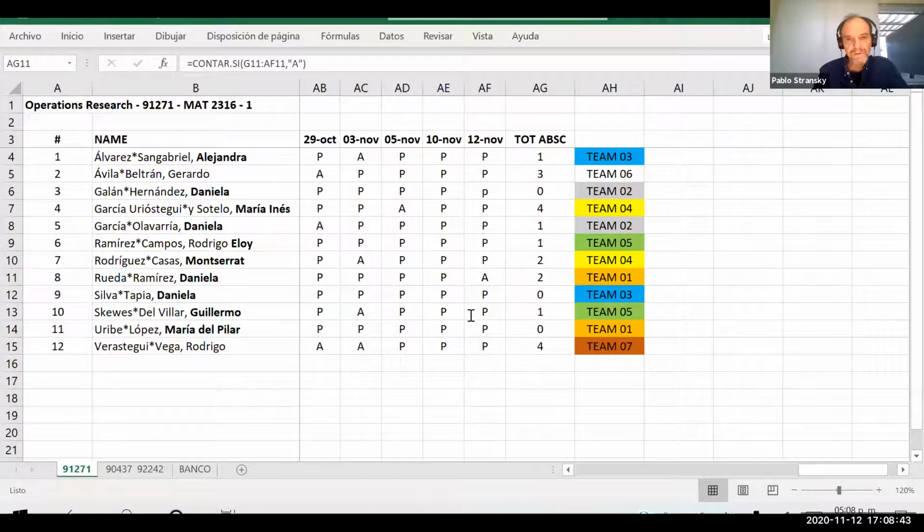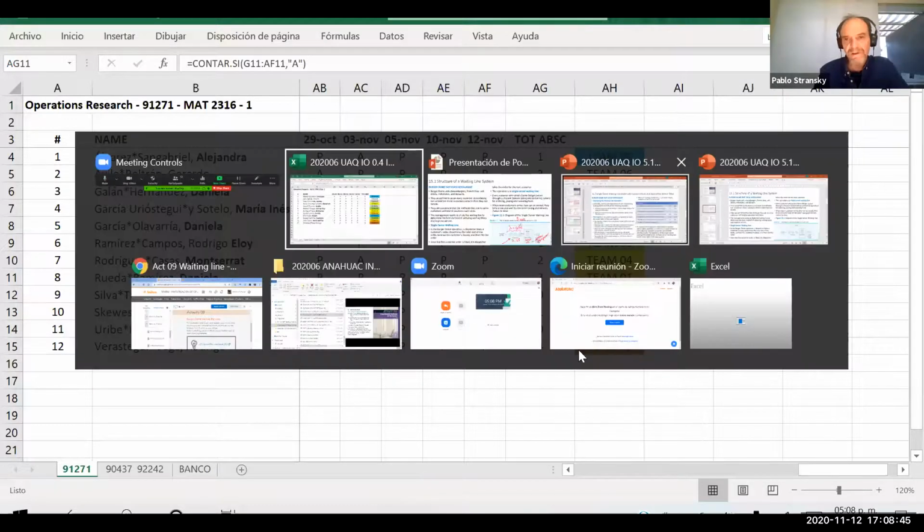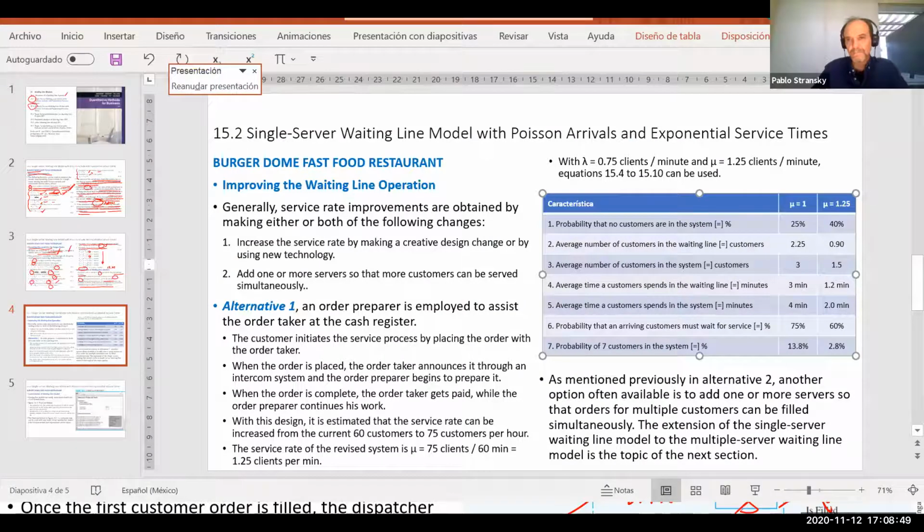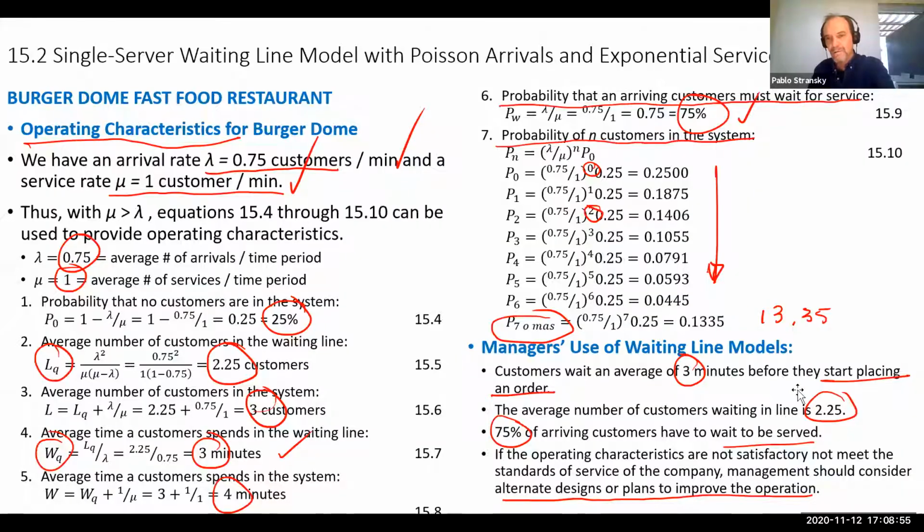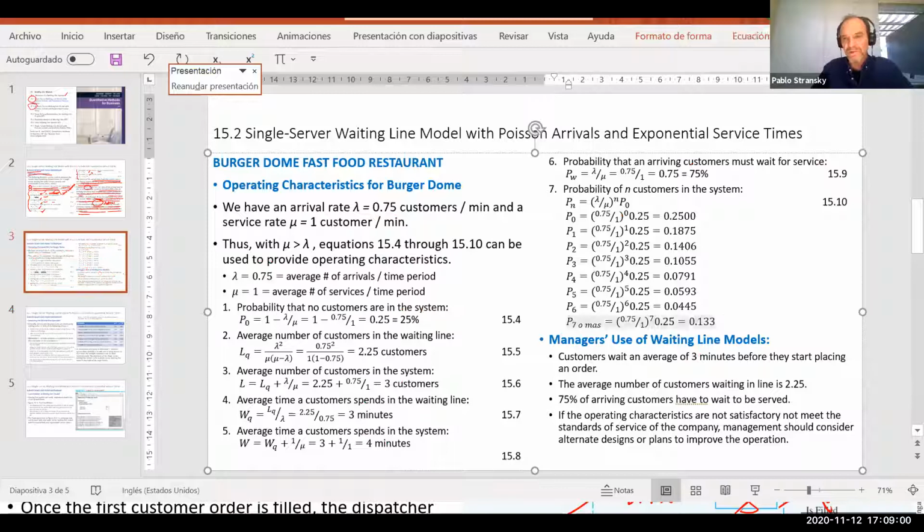Give me 1 second. Okay, I'm going to share the screen. My feeling is more that what they're asking for is that you use this. Let me correct this one also. This one was 3 point what?